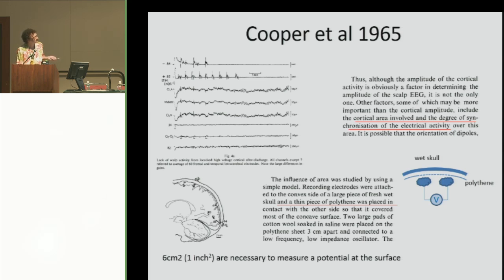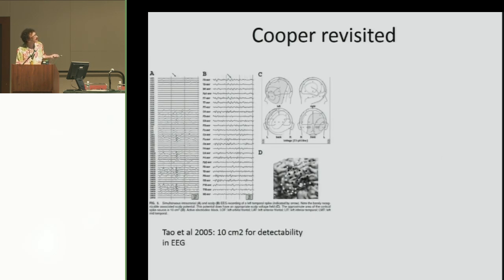And he made this figure of 1 square inch, so 6 square centimeters, which are necessary to measure potential at the surface. And this figure of 1 square inch stayed in the literature for many, many years. It was the reference, even though it's not exactly a very plausible situation, until some researchers revisited this with subdural grids.